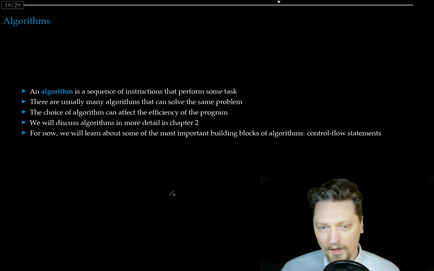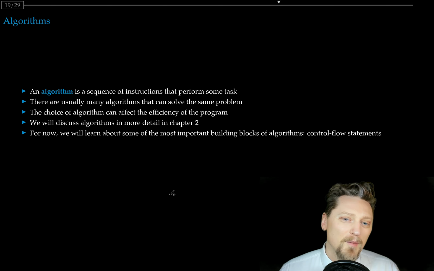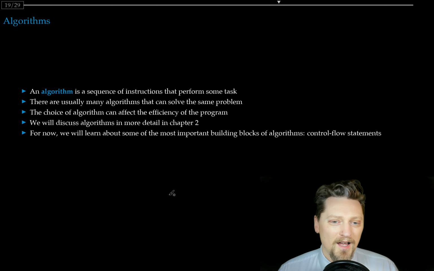There are usually many algorithms that can solve the same problem. The choice of algorithm can affect the efficiency of the program. Maybe there are a lot of ways you could do this task, but some are better than others, and some of them are going to be more efficient than others.